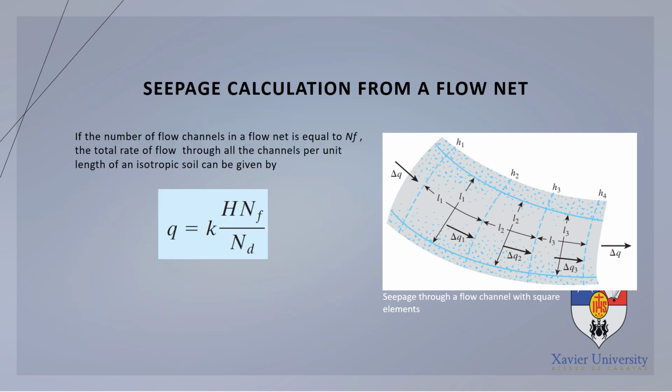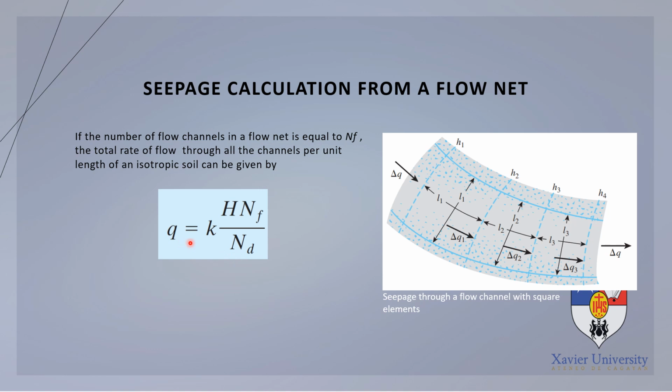So if the number of flow channels in a flow net is equal to NF, the total rate of flow through all the channels per unit length, something 1 meter strip of an isotropic soil can be given by K H times NF over ND.